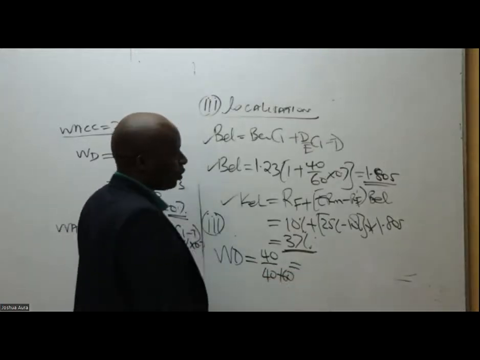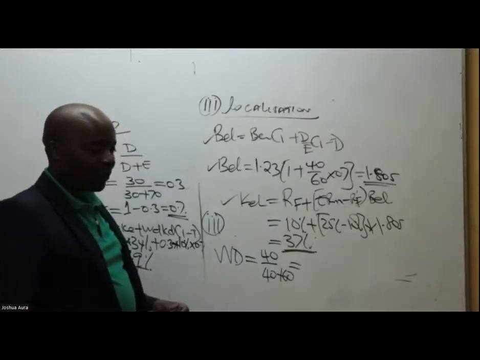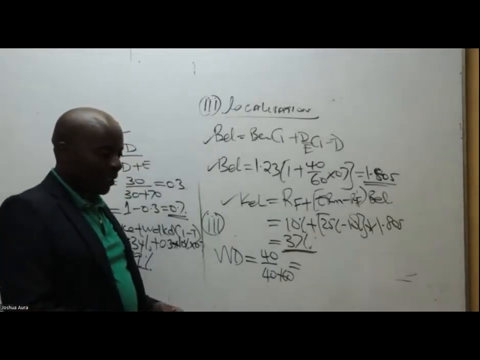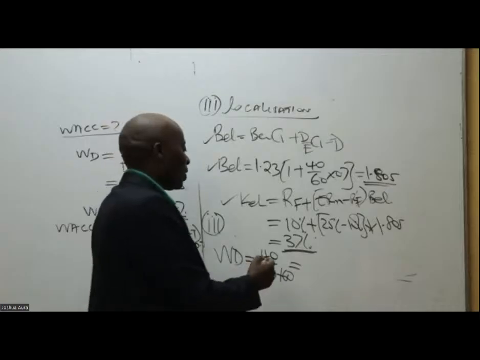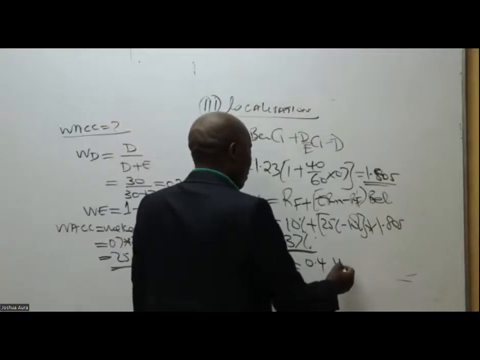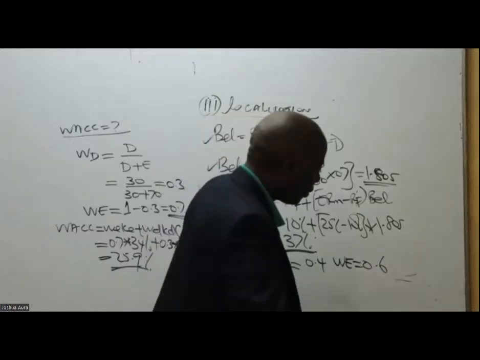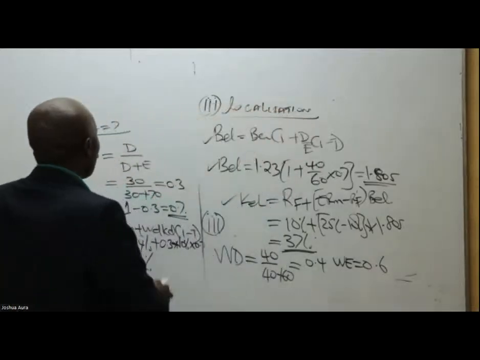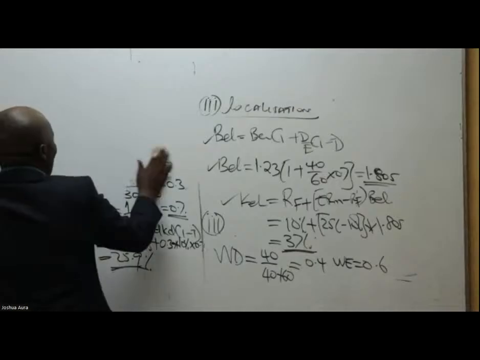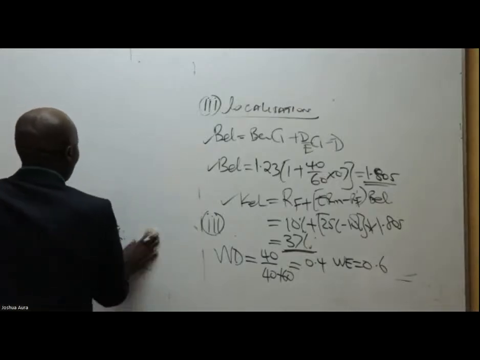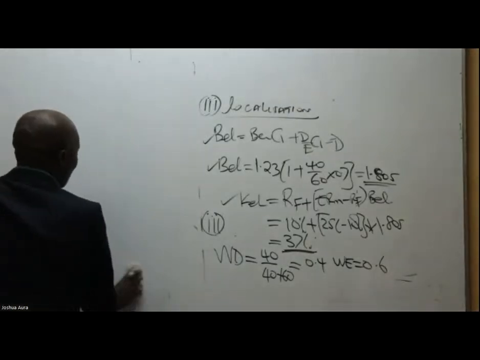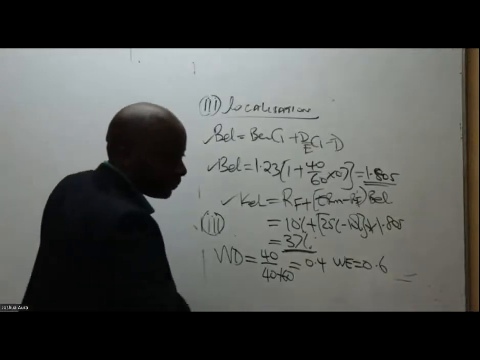Weight of debt will be equal to what here, somebody? It's 0.4. Thank you very much. And if debt is 0.4, then weight of equity will be 0.6.